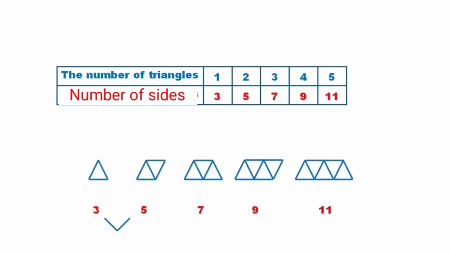To determine the difference between two terms, subtract the first term from the second term, or a sub 2 minus a sub 1. So, we have 5 minus 3 equals 2. Next, a sub 3 minus a sub 2, or 7 minus 5 equals 2.